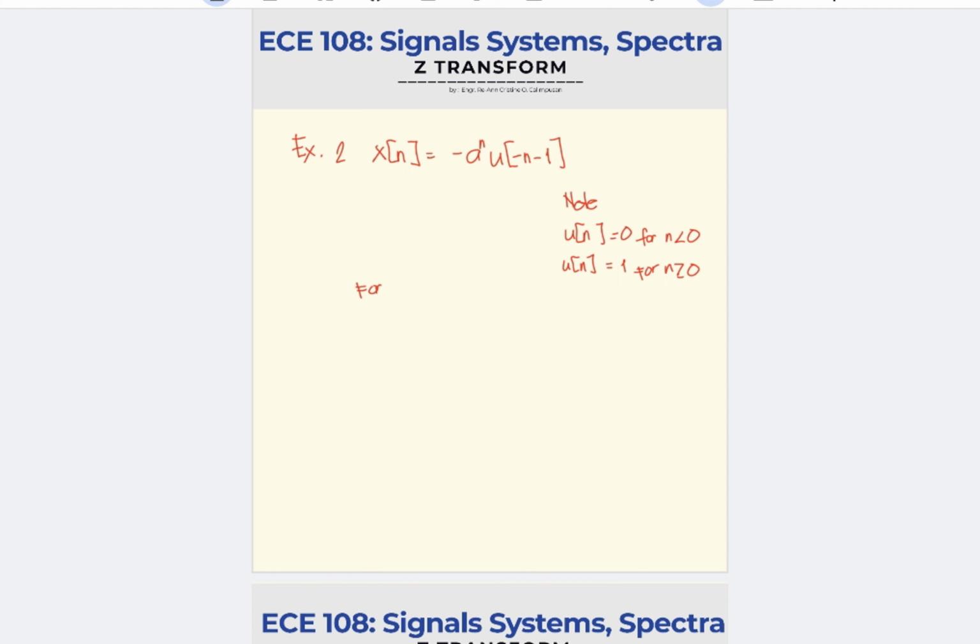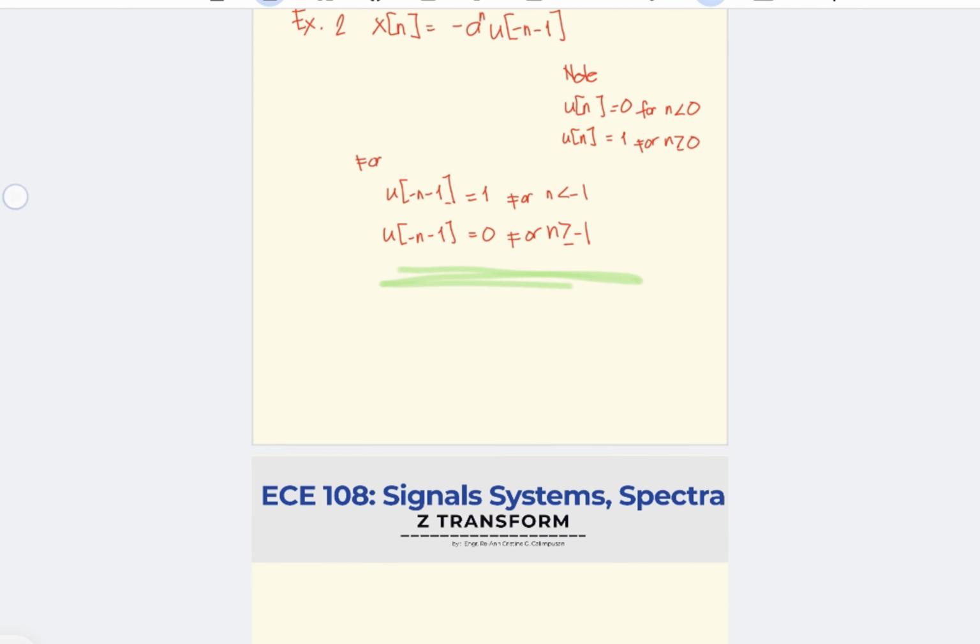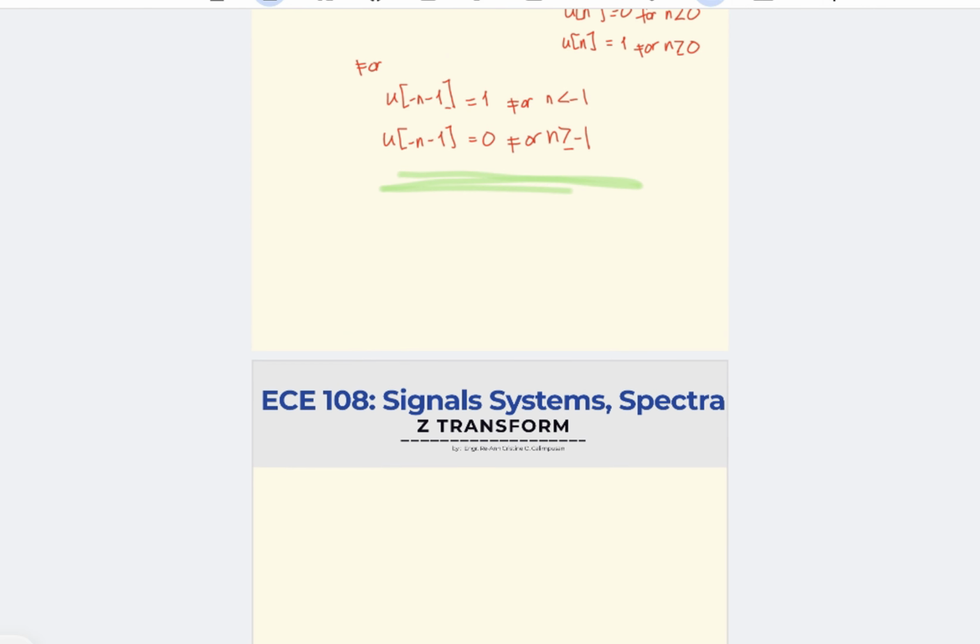So by shifting, for u of negative n minus 1, we can define that it is equal to 1 for n is less than negative 1, and u of negative n minus 1 is equal to 0 for n is greater than or equal to negative 1. So with these ranges, we can use this to calculate the z transform of x of n.